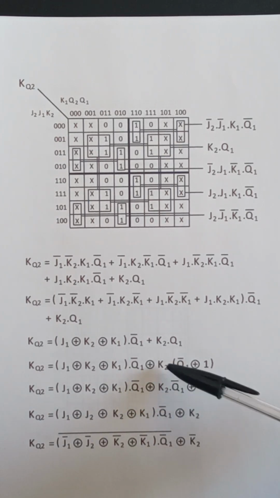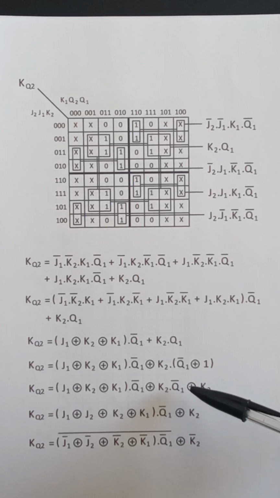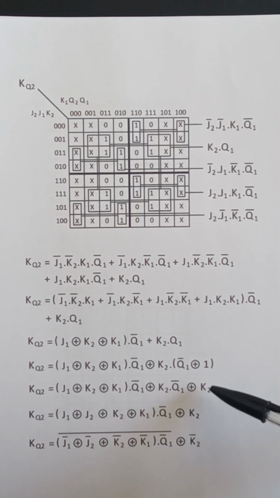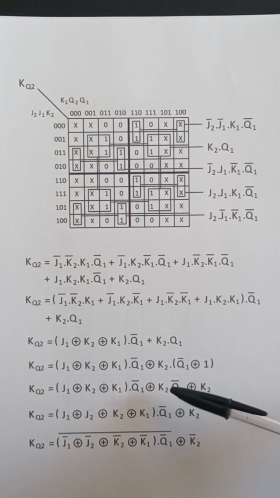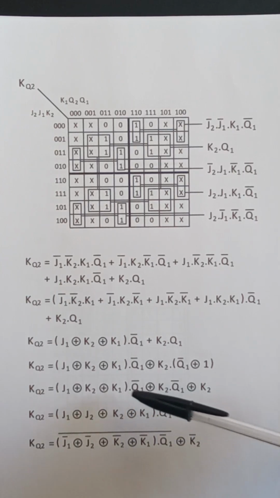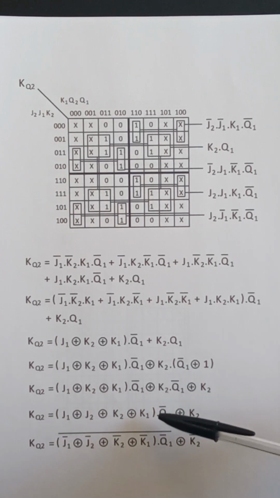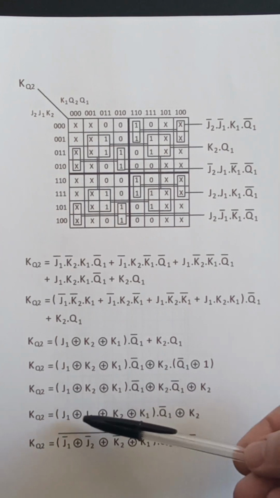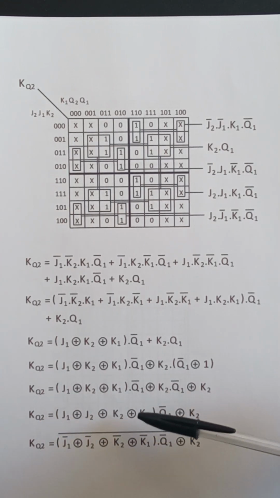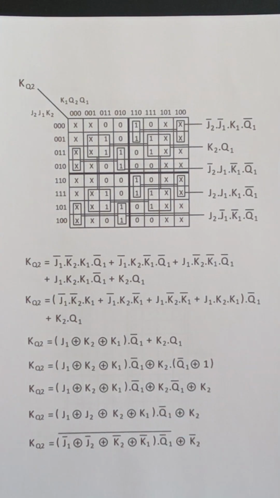So I've expanded that out times by Q1, K2, exclusive OR K2 there, and I've factorised the Q1 there to give J1, J2, K2 exclusive OR K1 times not Q1 exclusive OR K2.